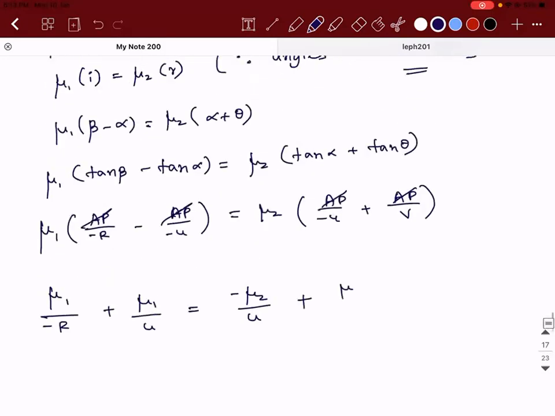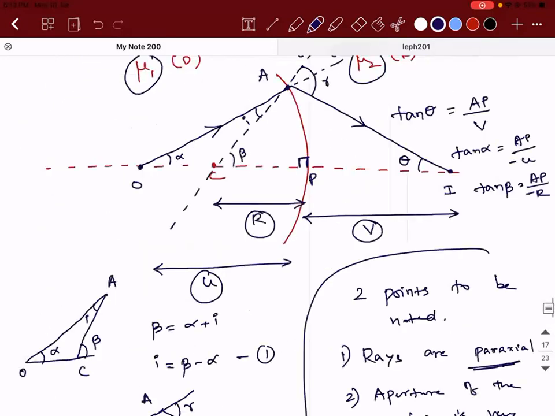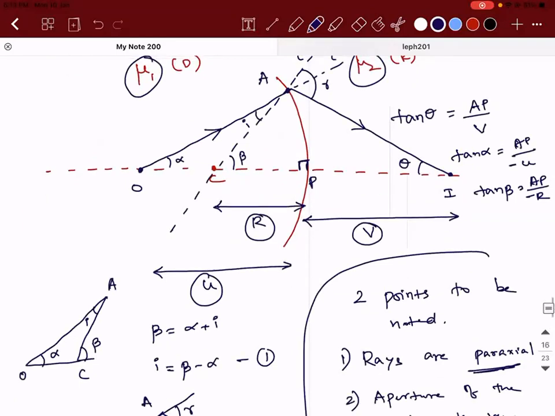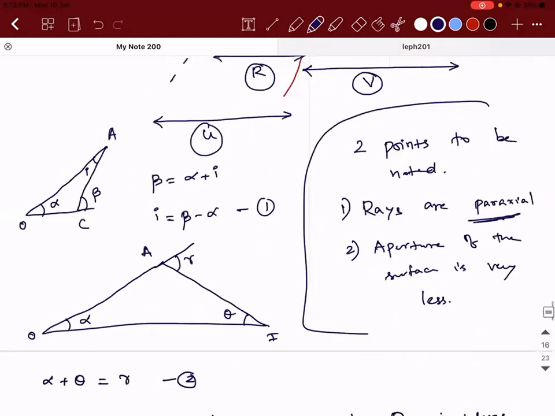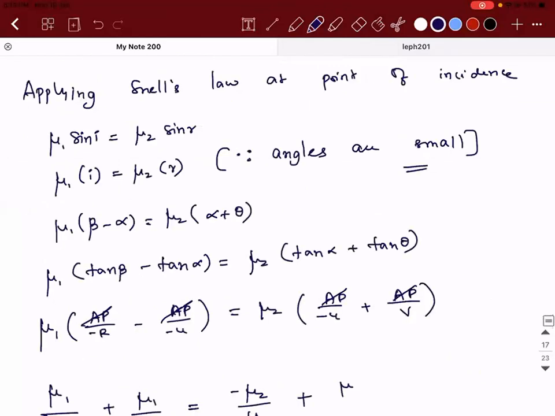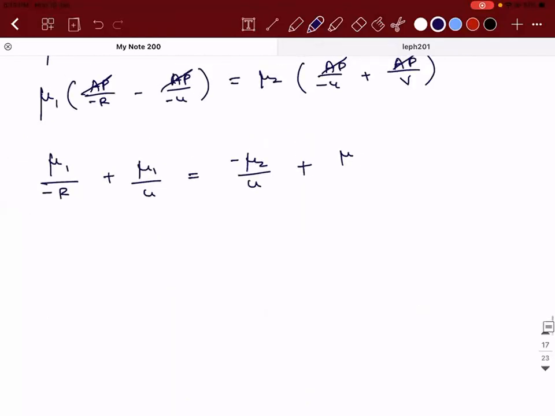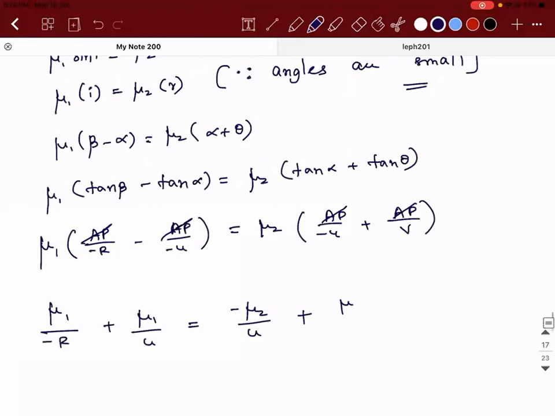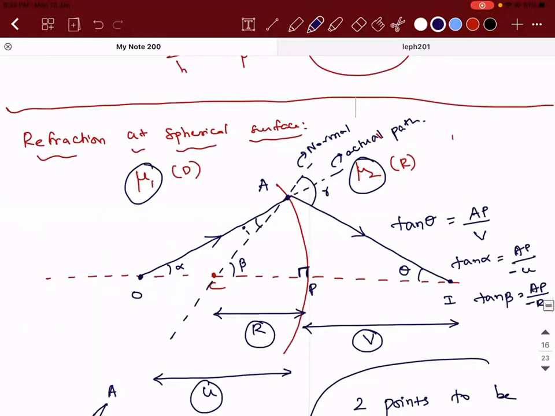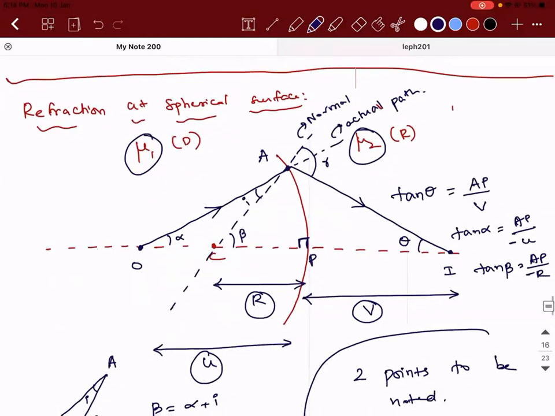I think I made a mistake. Beta is equal to alpha plus I. No, there is some mistake. Yes, so there is a mistake.